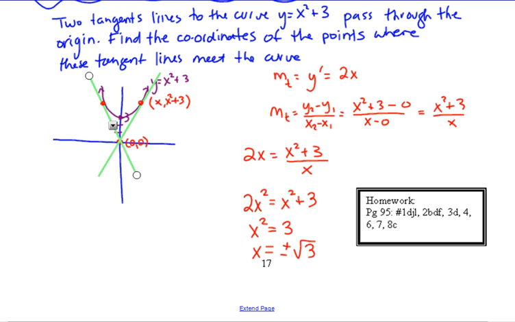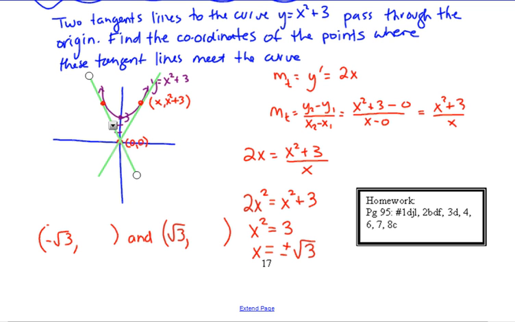And we want the actual points. So we know one point is going to be negative root 3 comma something, and the other point would be positive root 3 comma something. How do I get the something, the y value? Plug it into where? Should I plug it in here? No, that's the equation of our slope.